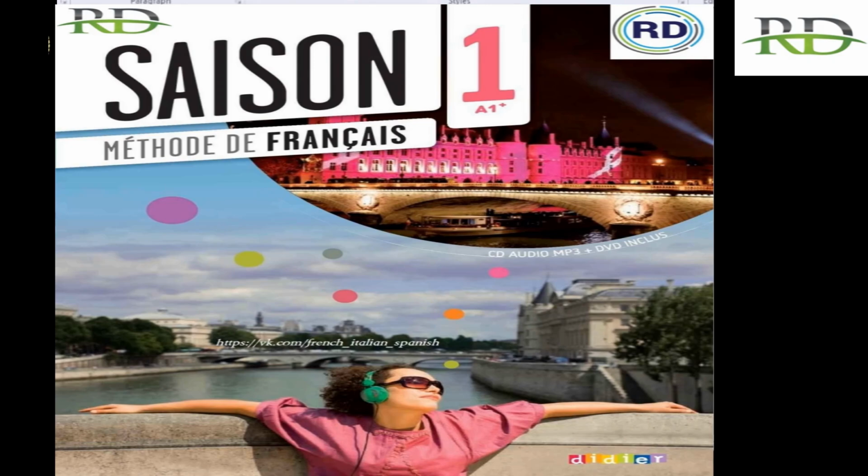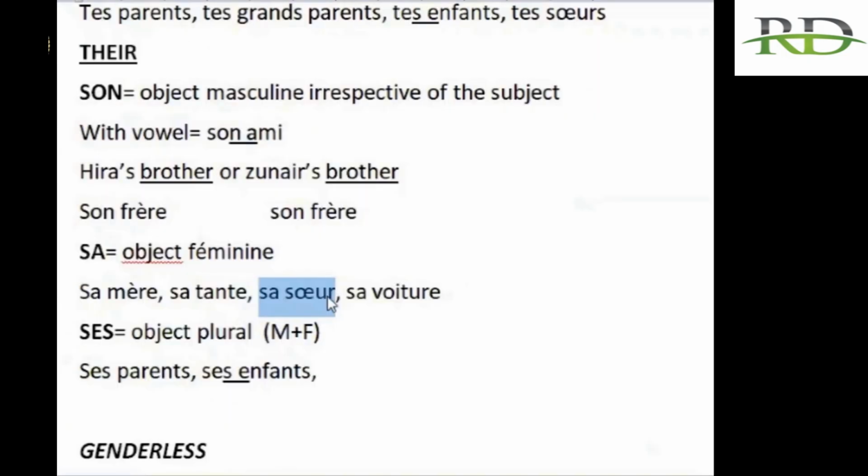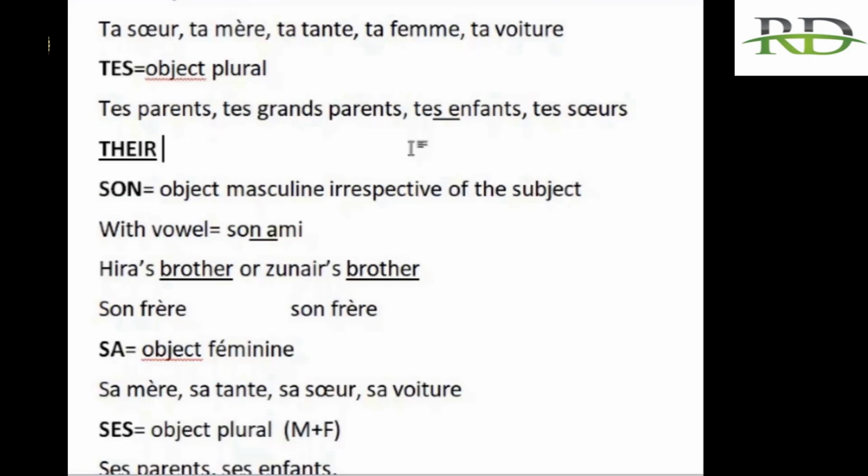But if I'm saying uski behan, now the gender is going to change. Now you're going to say sa sœur, sa sœur. Exactly, Jawad. Gender of the object. And when you're moving into say, that means the plural object. Ses parents, uske walidain. Ses enfants, uske bacche.